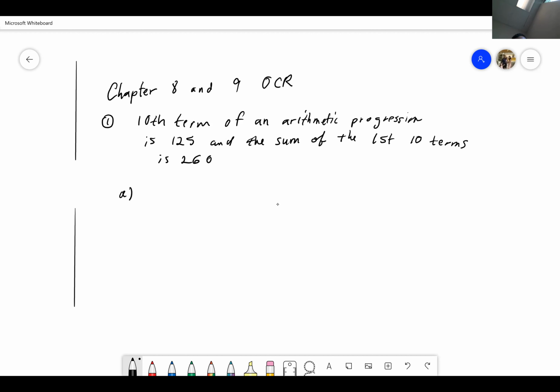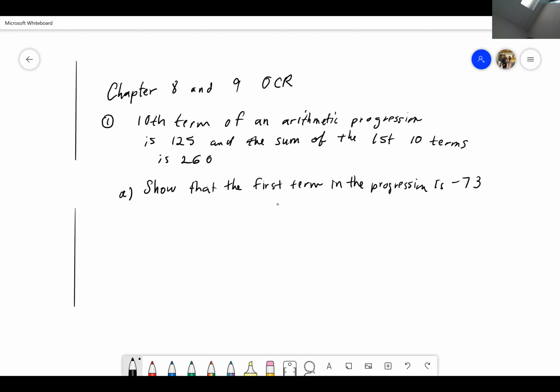A, show that the first term in the progression is negative 73.